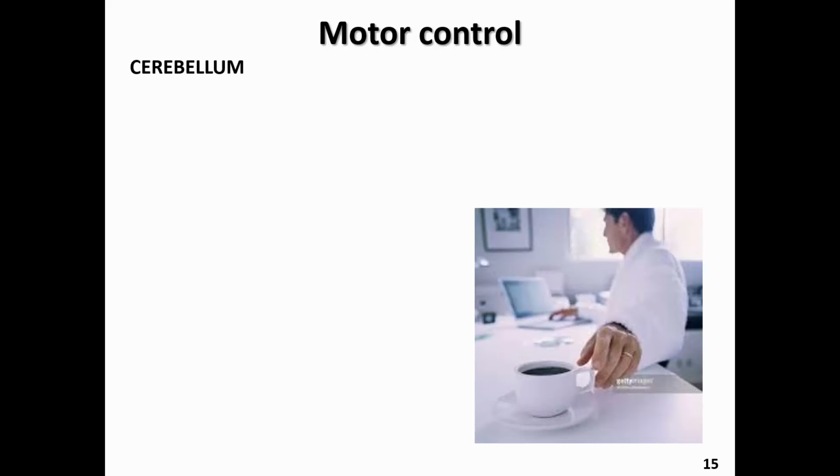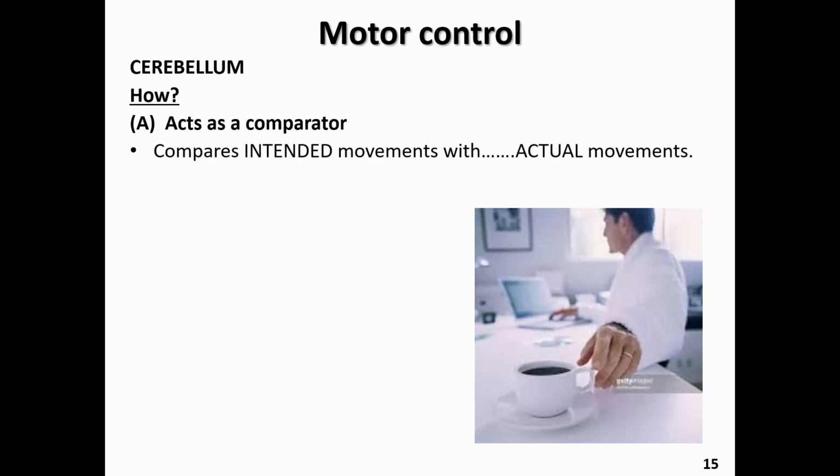And the how of the mechanisms of the cerebellum is that the neurons act essentially as a comparator. In other words, the neurons will compare an intended movement, and those are outputs from the frontal lobe, with the actual movements.